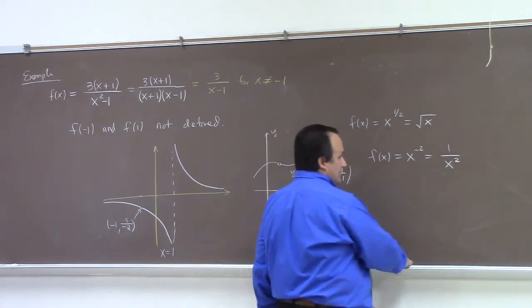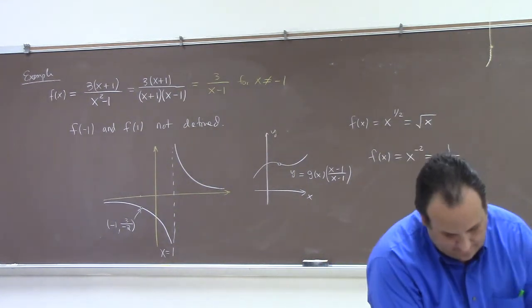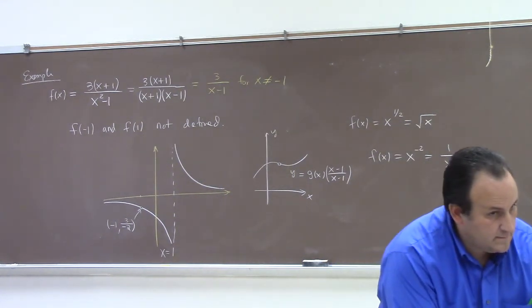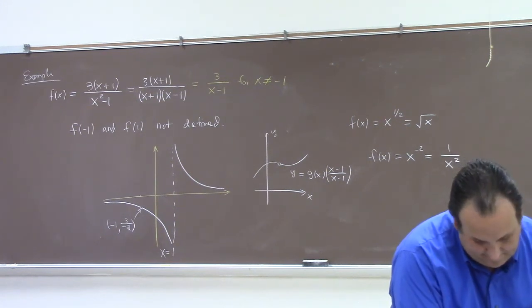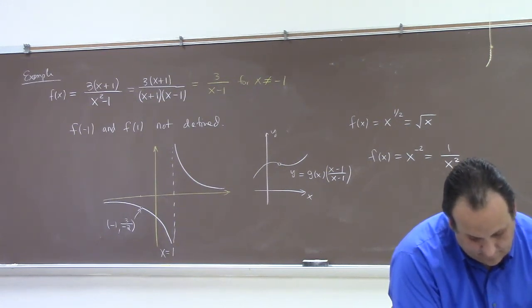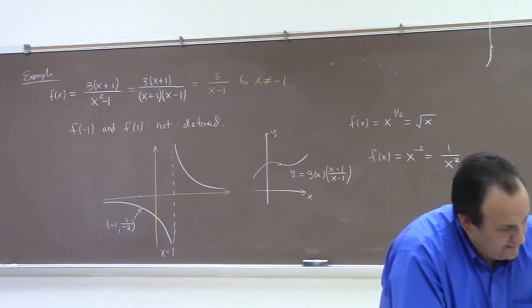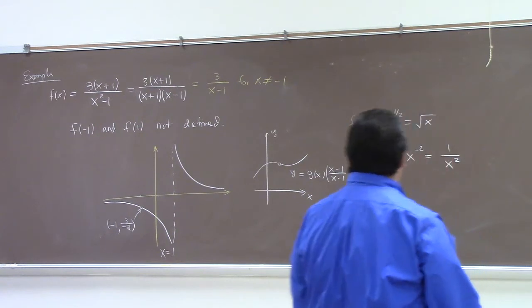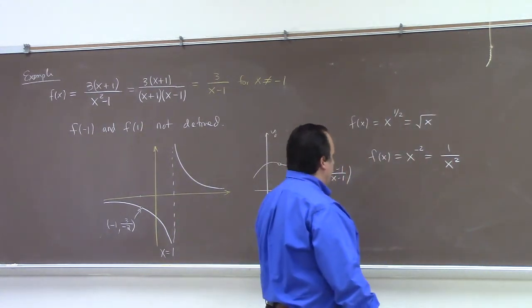What's the domain of that function? What do I have to avoid? It cannot equal 1? 1 is okay. f of 1 is just 1 over 1 squared.